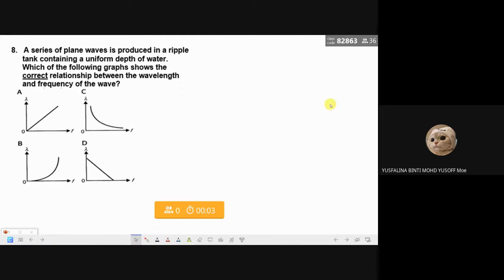This one: which of the following graphs shows the correct relationship between the wavelength and the frequency? For this one, I give you a clue. You have to refer to the formula, that is V is equal to f lambda. Then you have to rearrange the formula, so you can find the relationship between lambda and the frequency.